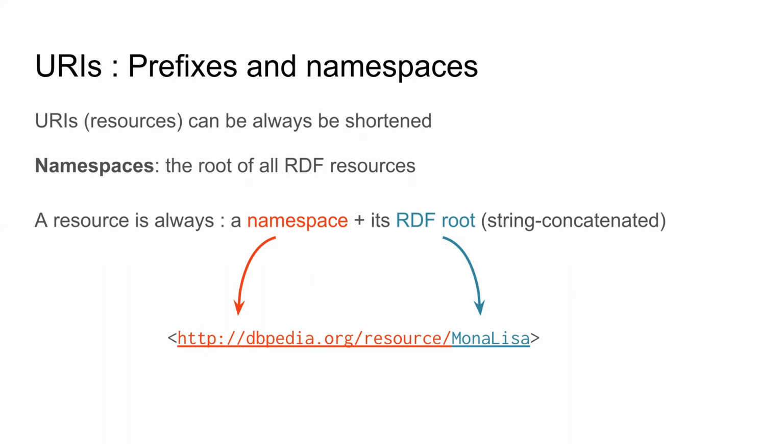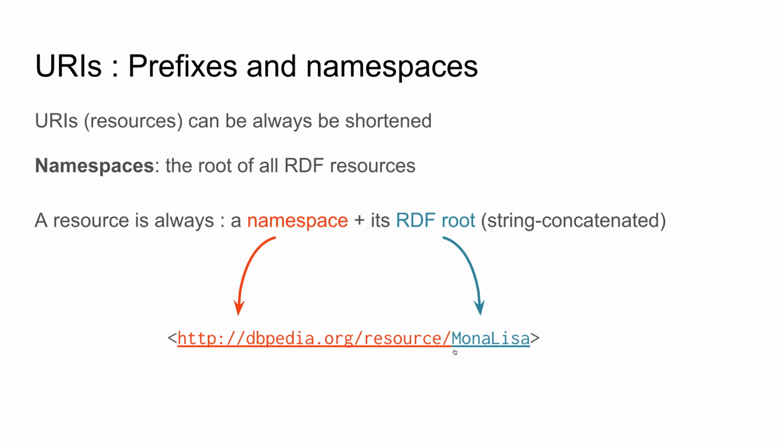A resource is always divided into two parts. The first part is a namespace. In this example, we have dbpedia.org/resource. This is a namespace, and then the second part is the root of the resource, which actually distinguishes the unique resource. So when you use a namespace and a root, they are always string concatenated, and then you obtain your URI.